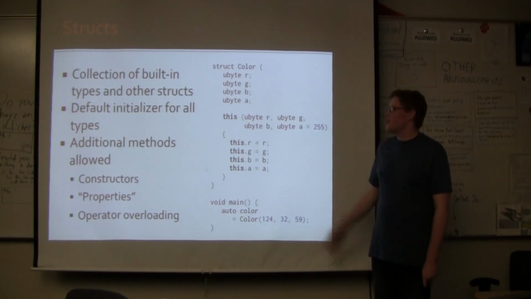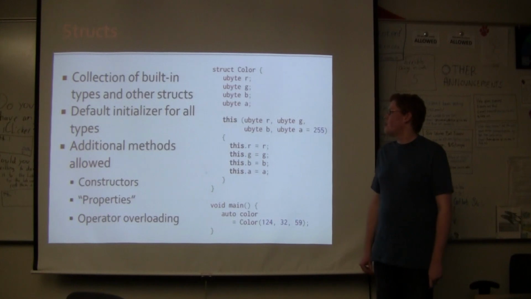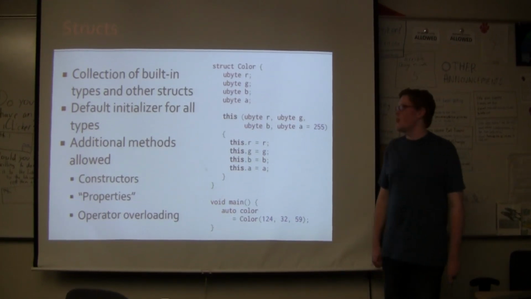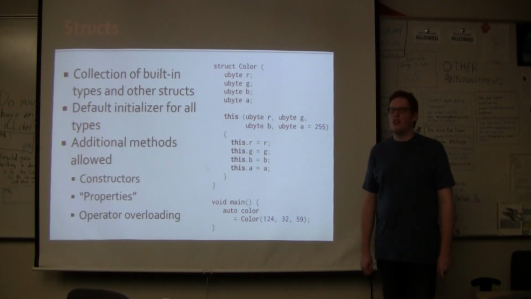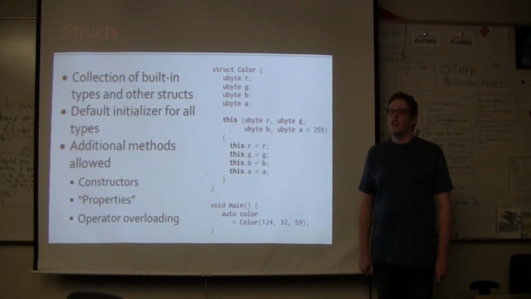So yeah, you can also see the constructors and destructors, but they also have operator overloading if you want. The goal of these structs was that the people making D wanted it to be possible for you as a programmer to implement the types that they have in their standard library by yourself.